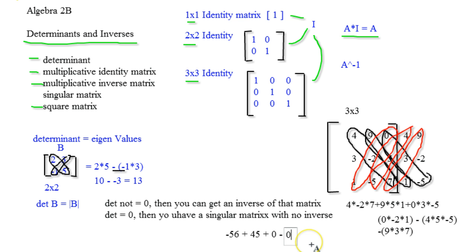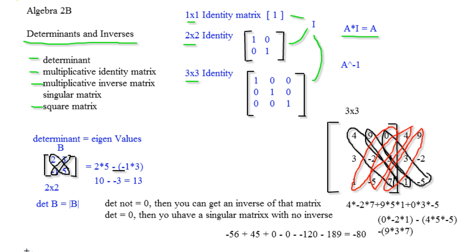And then 4 times 5 times negative 5, that would be negative 100, and then minus 9 times 3, which is 27, and 27 times 7 is going to be minus 189. Now when we put this all together, negative 56 plus 45 plus 120 minus 189, you're going to get a pretty reasonable number, which is negative 180. And that's how you get the determinant.